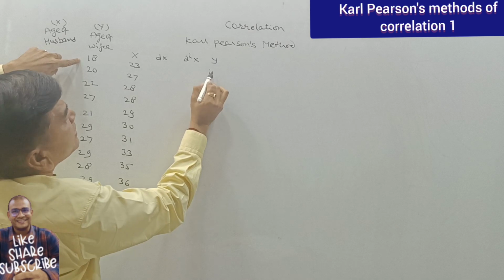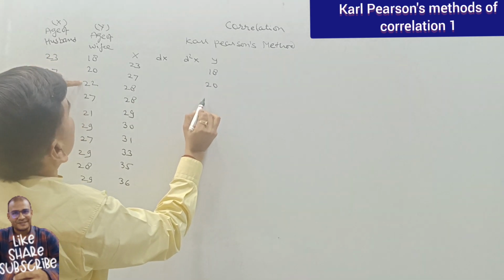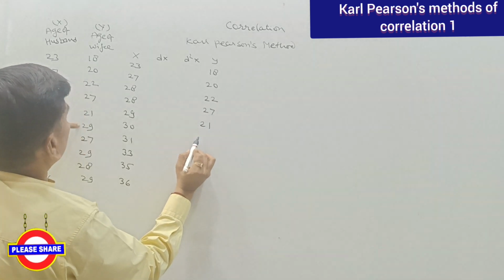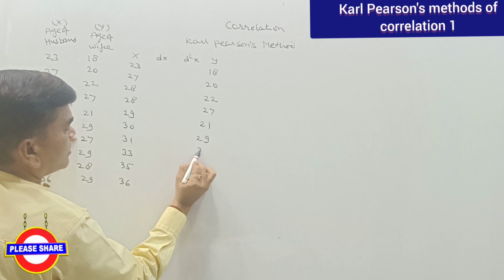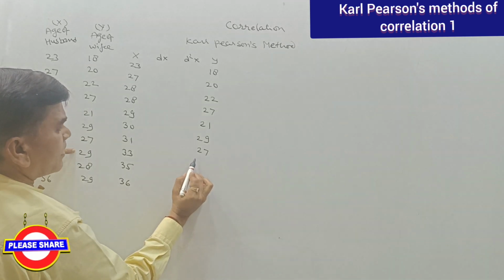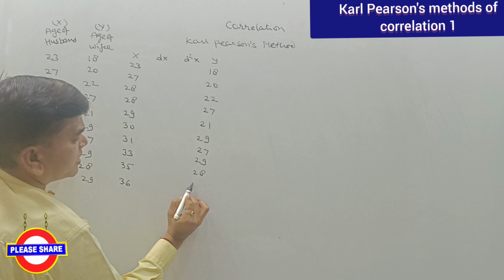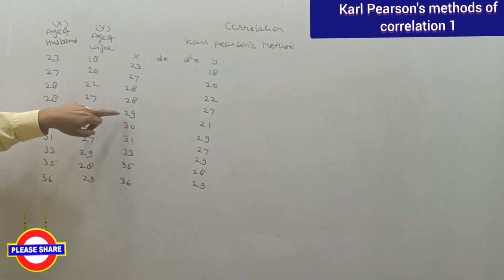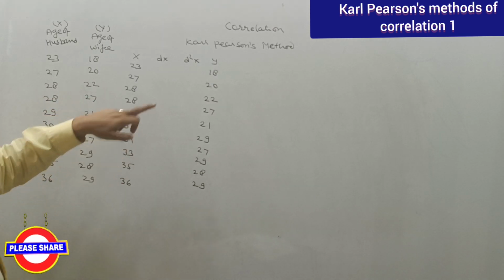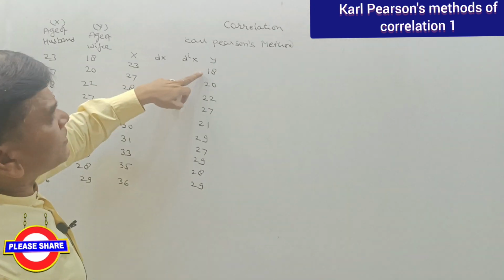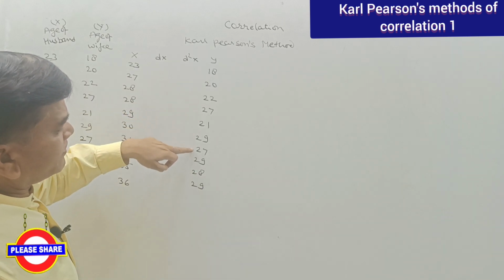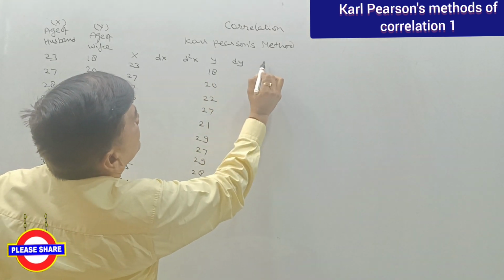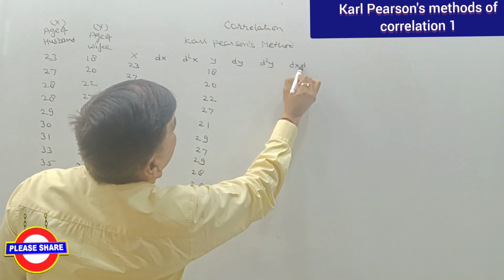The Y series is 18, 20, 22, 27, 21, 29, 27, 29, 28, 29. There are 10 ages of husbands and 10 ages of wives. Then we have to calculate dy, d square y and dx dy.